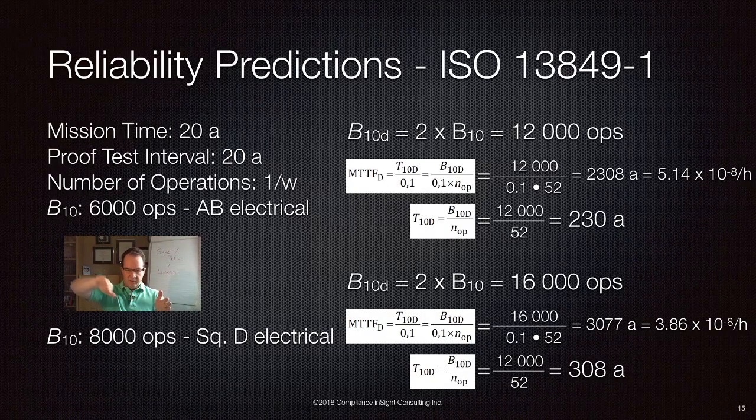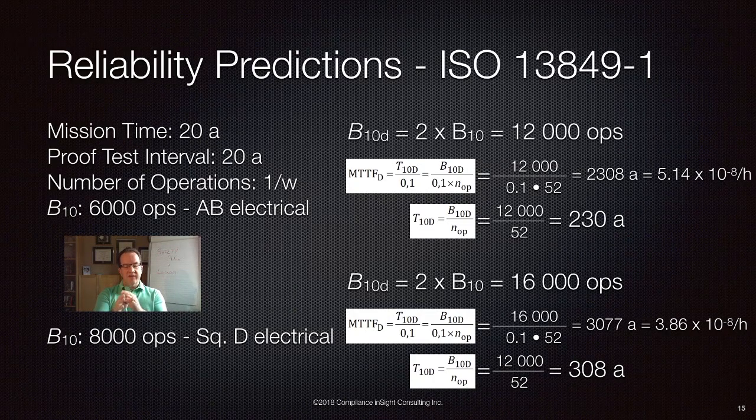That point is wear out. That's the start of the end of life. And so B10 marks the point at which 10% of the switches that exist are now starting to fail. And that's the beginning of that curve.